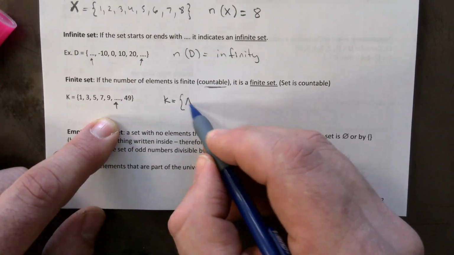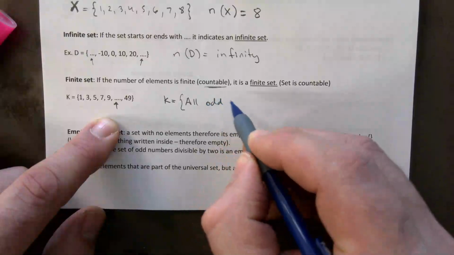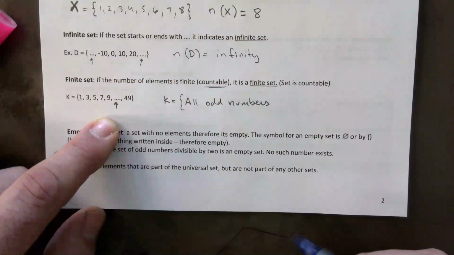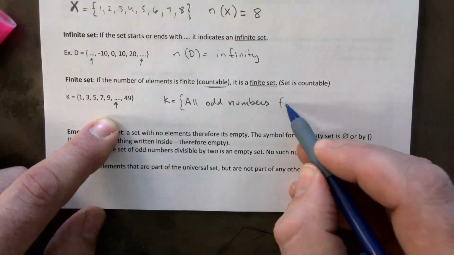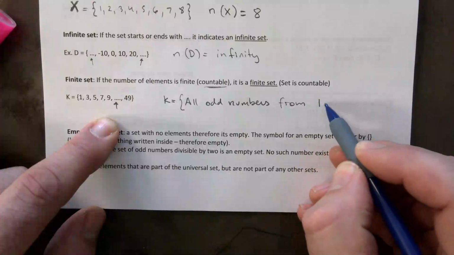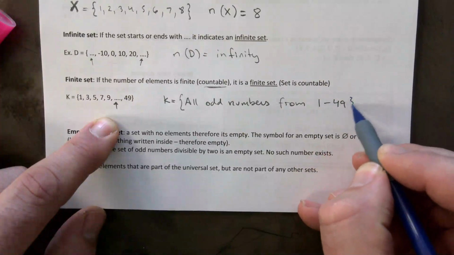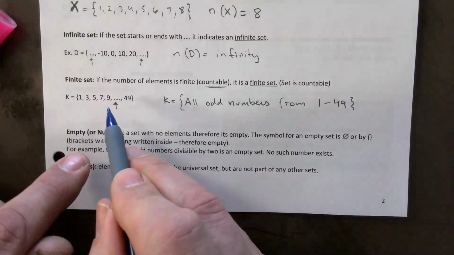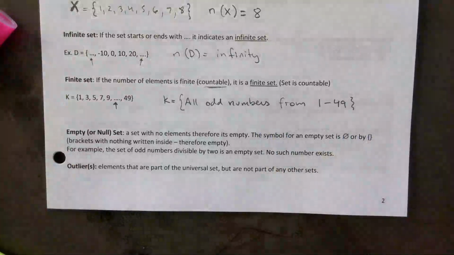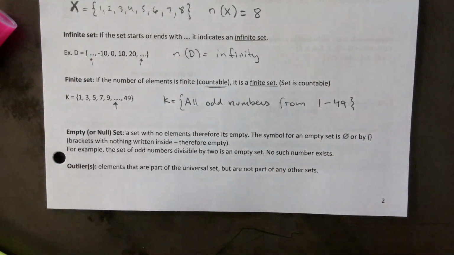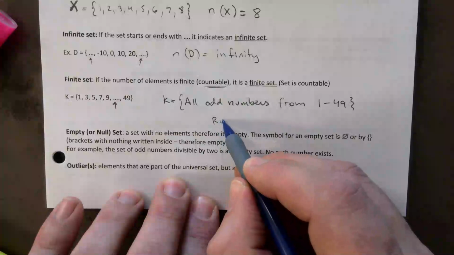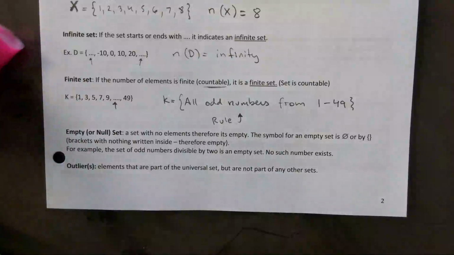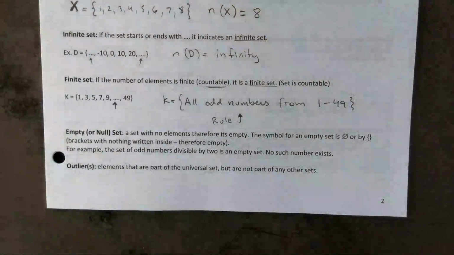Okay. All odd numbers, but we need to narrow it down a little bit. All odd numbers from 1 to 49. This is the rule. You're basically saying what you're observing in words. That's what we would call the rule. Okay. You came up with the rule. So all odd numbers from 1 to 49 would be in here.